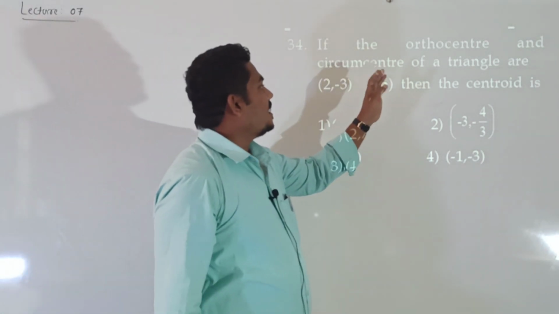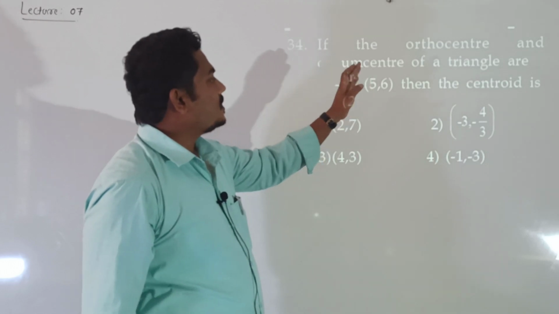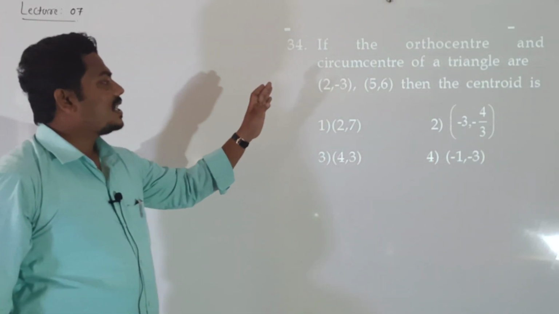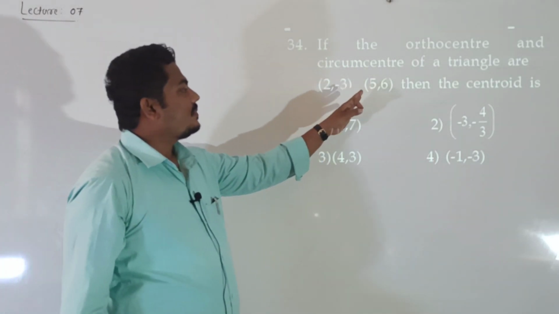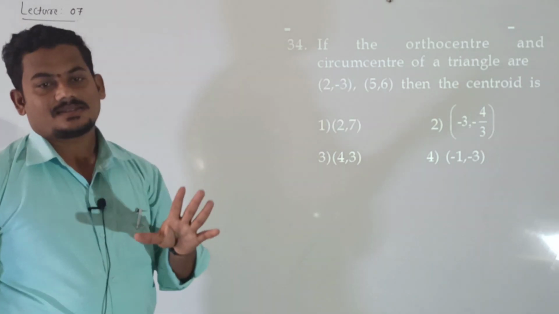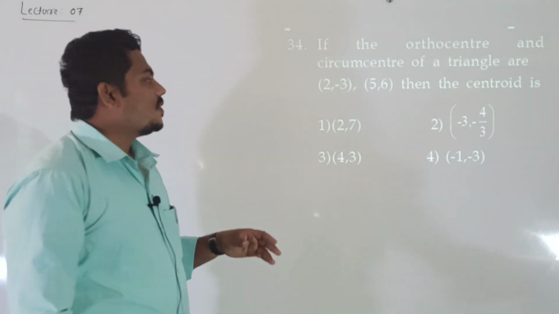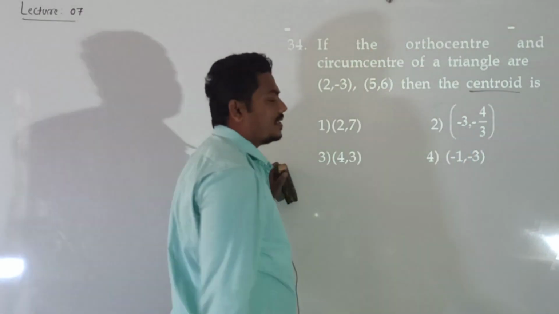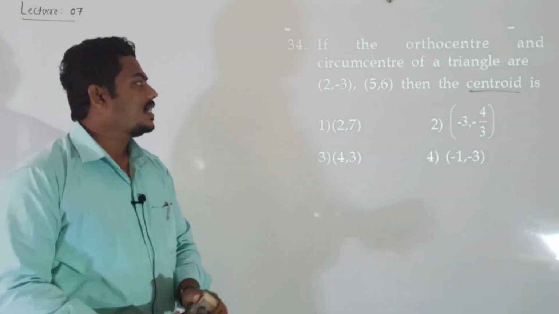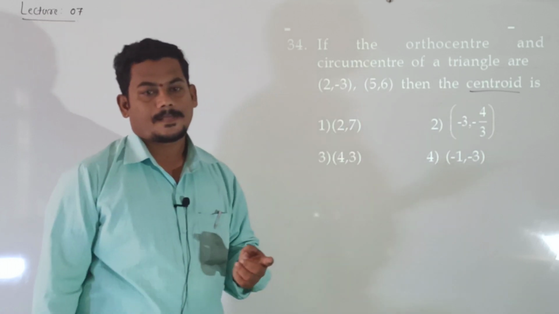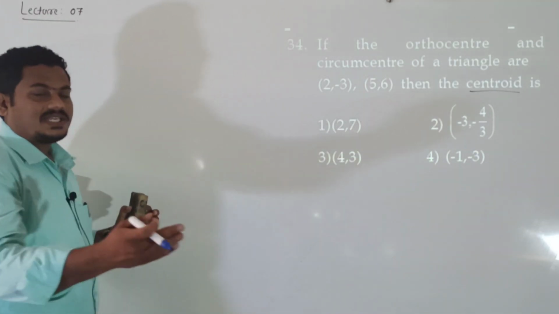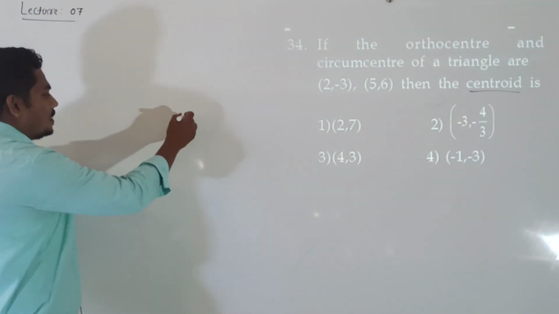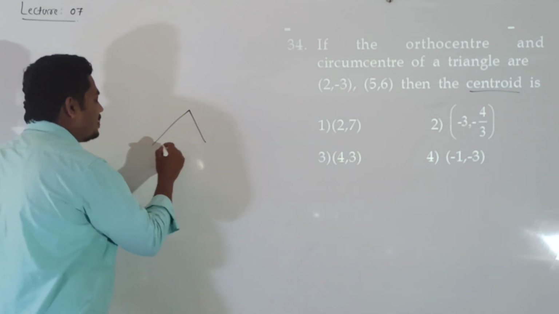If the orthocenter and circumcenter of a triangle are 2 comma minus 3 and 5 comma 6, then the centroid is. Already you know the definitions of centroid and orthocenter. Let me explain the definition of circumcenter. What is the definition of centroid?